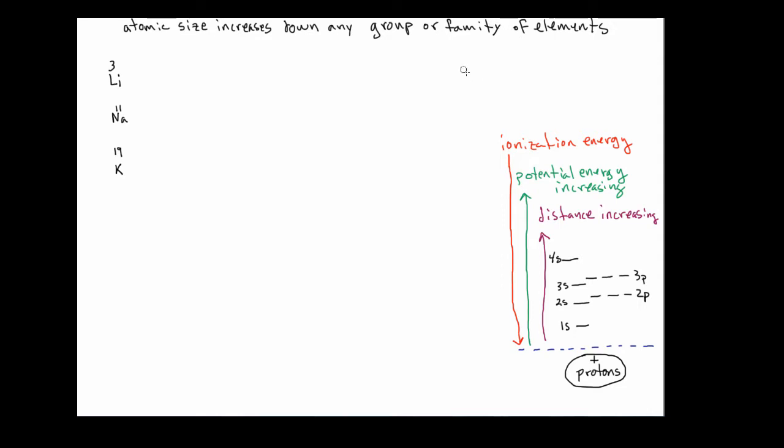In order to do that, we need to talk about Coulomb's law a little bit. Basically what Coulomb's law says is that the force of attraction on the outer electrons, or the surface electrons, is going to be in proportion, and I'm going to keep this very simple, to the charge that's available to pull on those outer electrons divided by the distance those electrons are away from the protons, quantities squared.